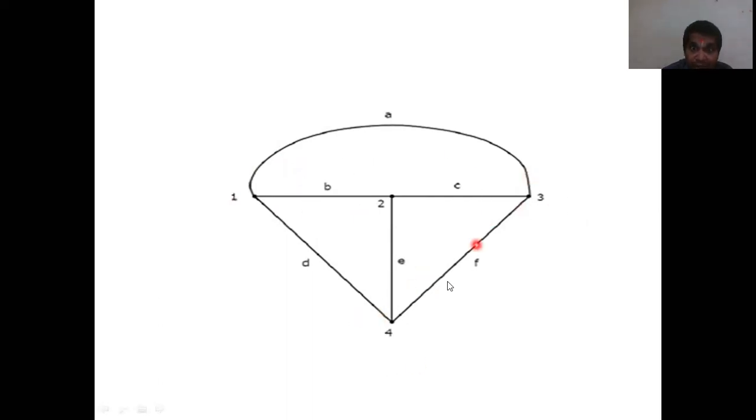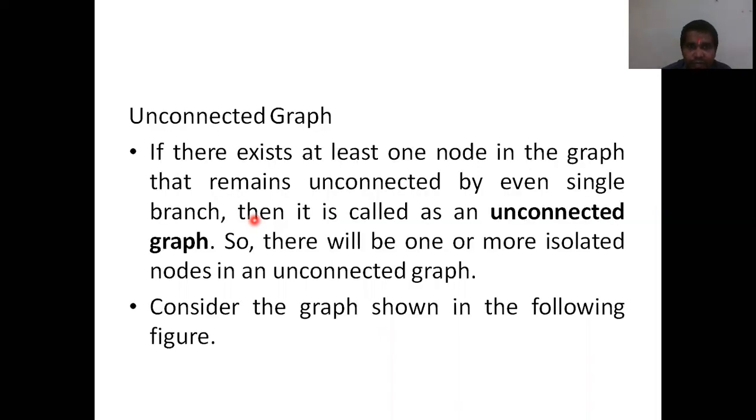All the nodes are connected by some branches. This is called a connected graph. So connected graph means that for a graph with any number of nodes, all the nodes should be connected with branches, right?